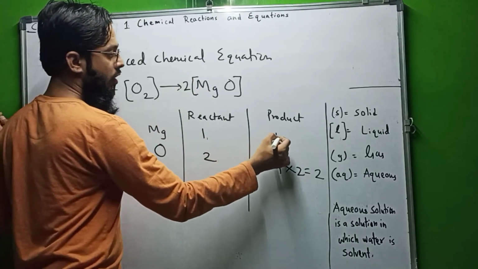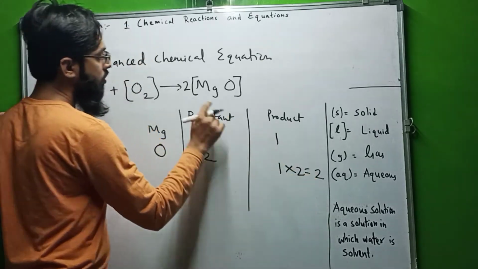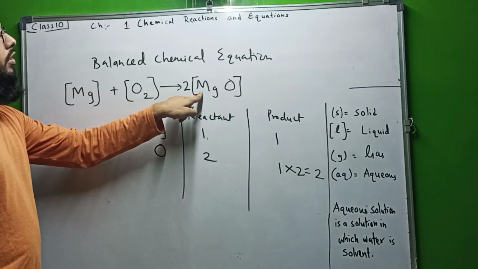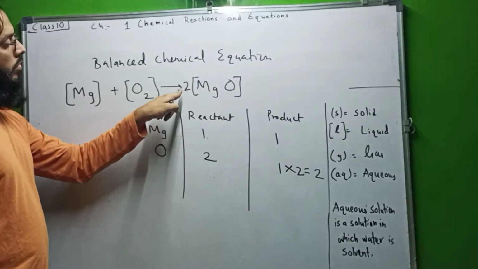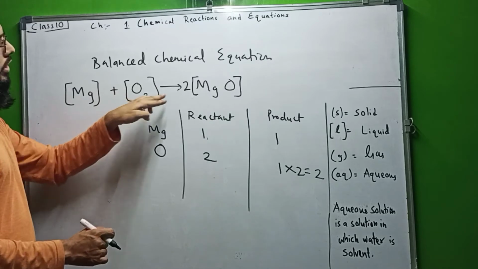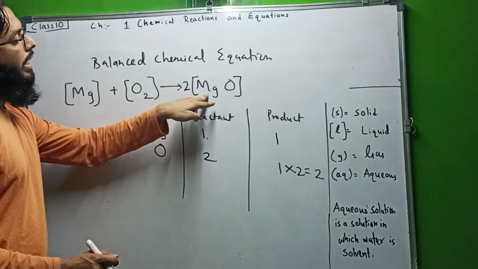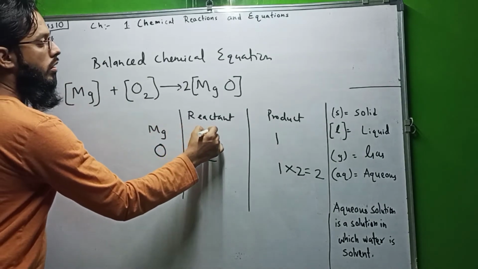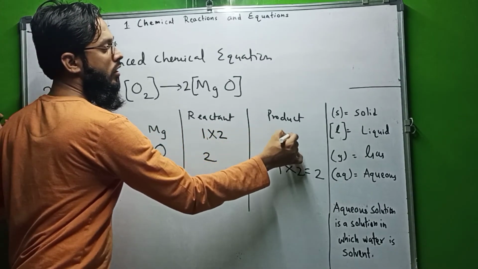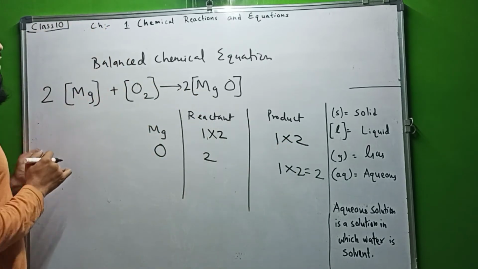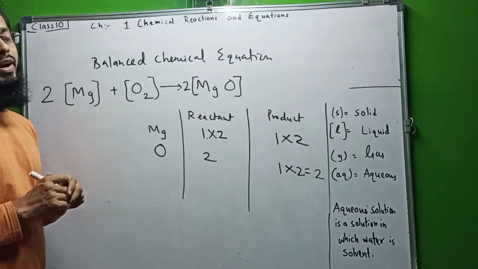Now on the product side we get 2, but while balancing oxygen, magnesium got unbalanced, because this 2 is for both. So now again I have to multiply by 2 on the reactant side, so magnesium also gets 2. This is called the hit and trial method.